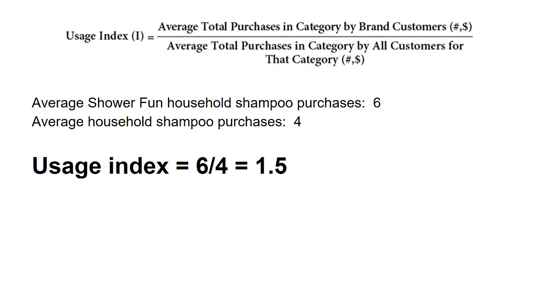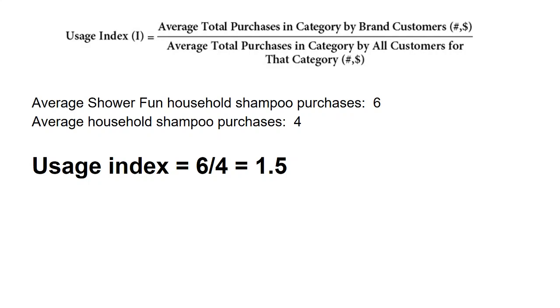Let me run through that again. The numerator is the average number of shampoo purchases made by people that buy our brand and maybe other brands as well. We don't know. And the denominator is the average number of shampoo purchases made by all households.